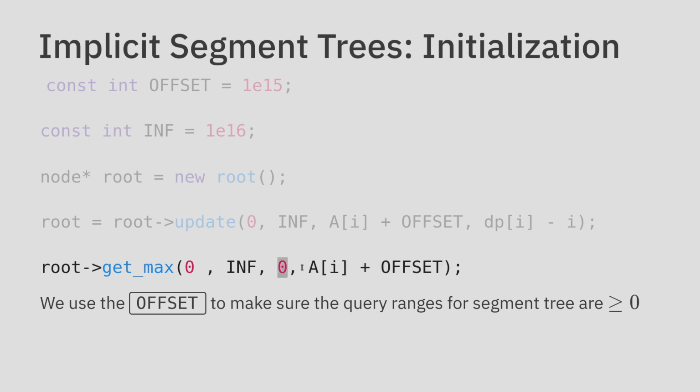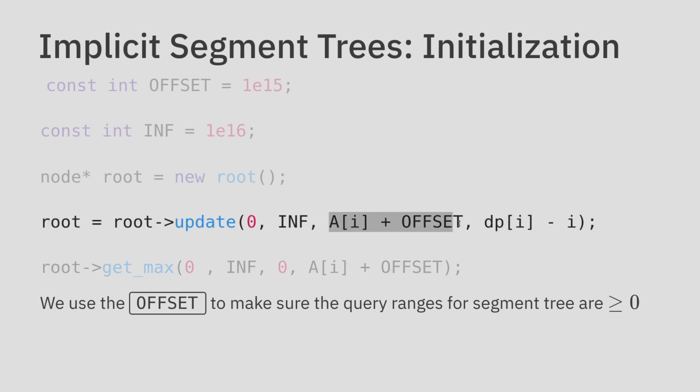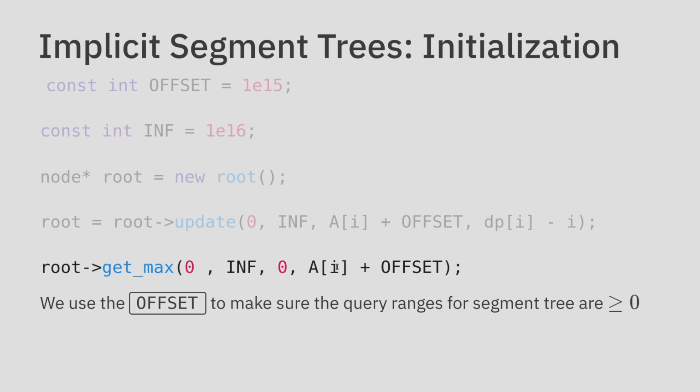So this is the query left, and query right is this. As I've explained, wherever a i is present, we need to add offset, because we are shifting the negative values to positive values by the same amount, so that it is supported by the implicit segment tree indices.